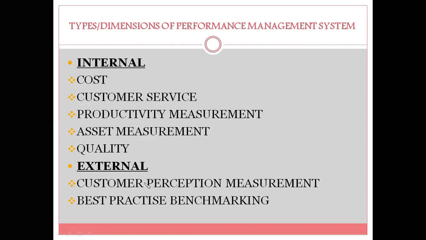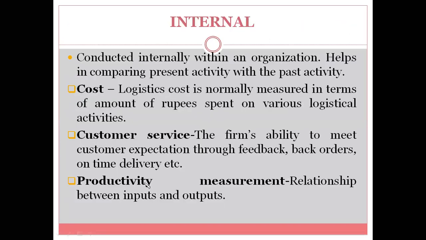Here you can see it is divided into two, and under each of these, internal and external, there are a few subpoints. Under internal performance measurement system, we can see cost, customer service, productivity measurement, asset measurement, and quality. Under external, there are 2 points: customer perception measurement and benchmarking or best practice benchmarking. We will see a little bit in detail of all these points.